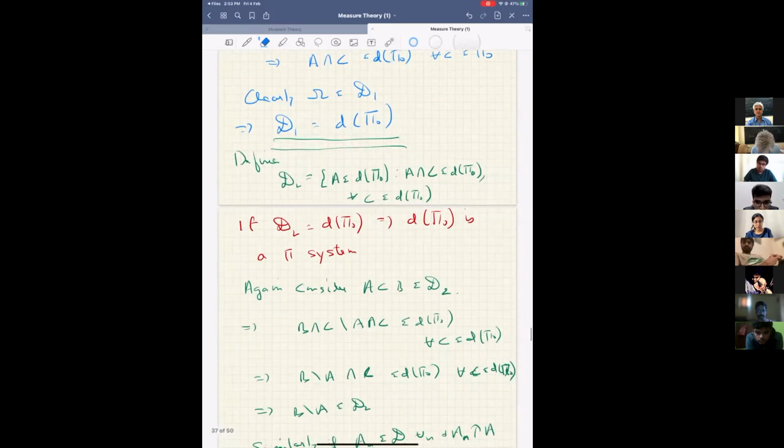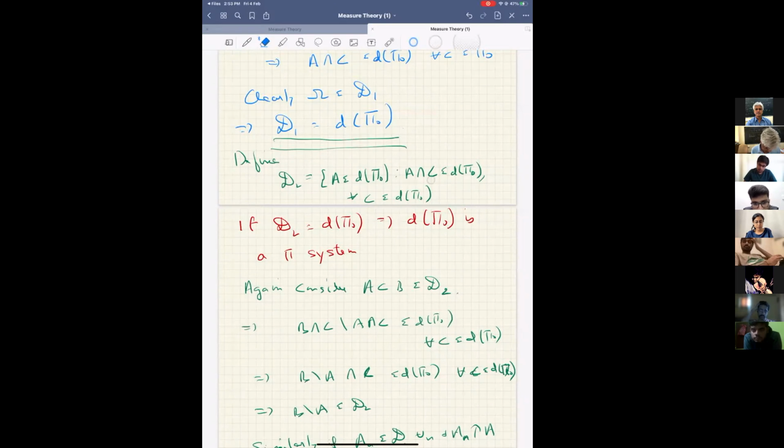Okay, so again, consider A and B in D2 where A is smaller than B. Then again, B intersection C minus A intersection C is in D of pi 0 for all C in D of pi 0. That's again by the membership criteria.